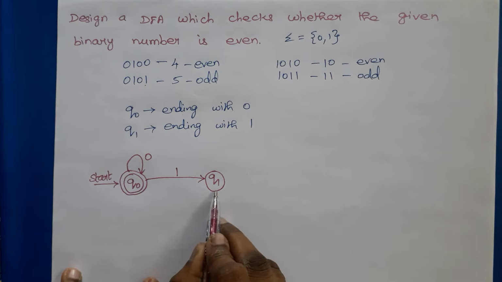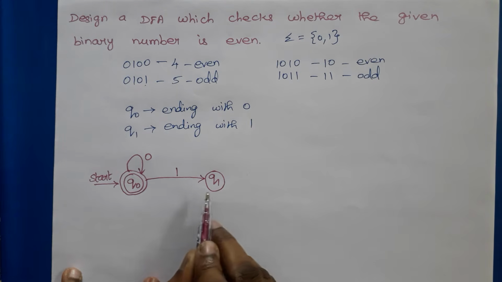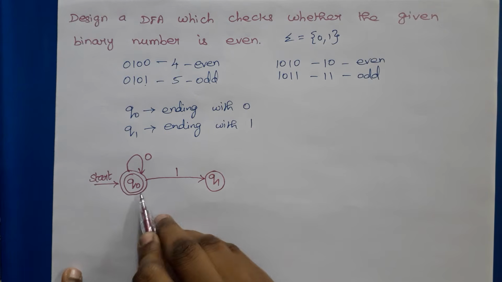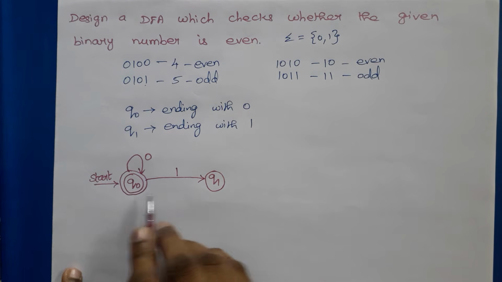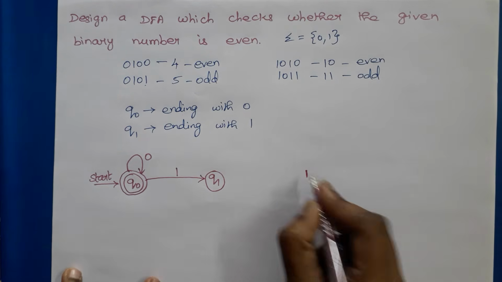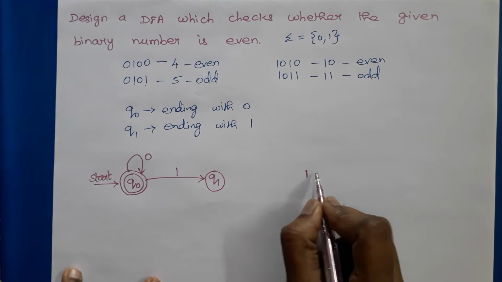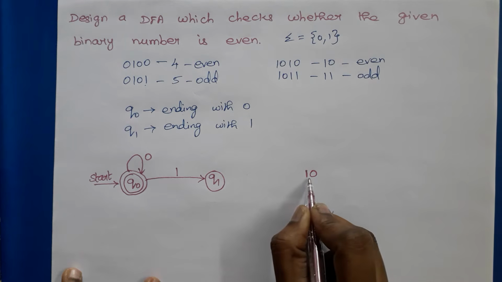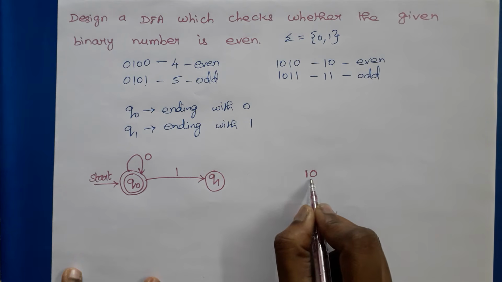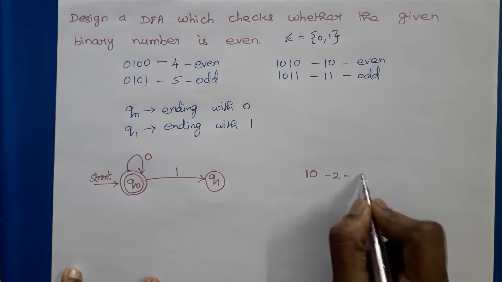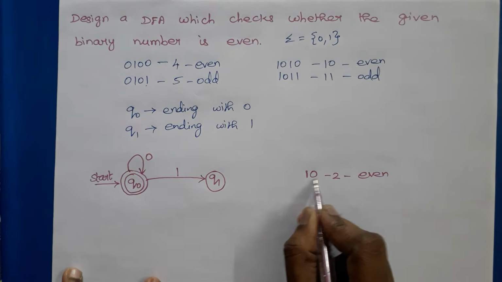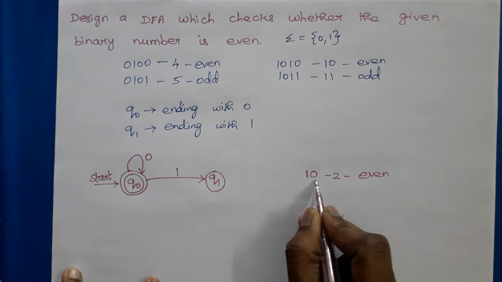Similarly, from Q1, if the next input is 0, we have already recognized 1. We are in state Q1 after reading 1 only. So after reading 1, the next input is 0, which means the decimal equivalent is 2. 2 is an even number, that is, the binary string ends with 0.